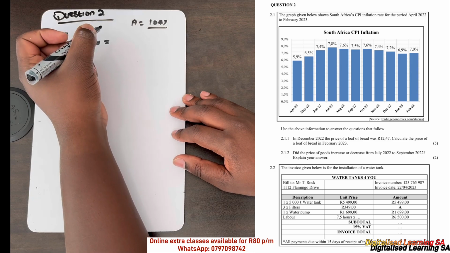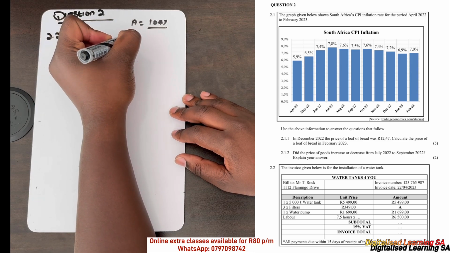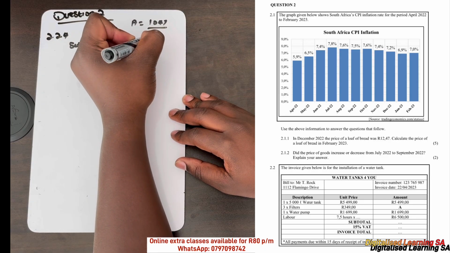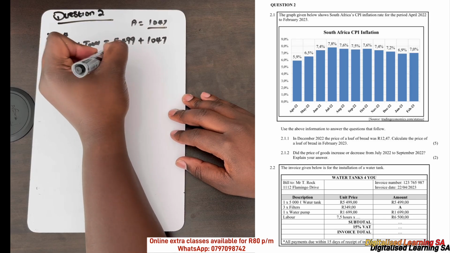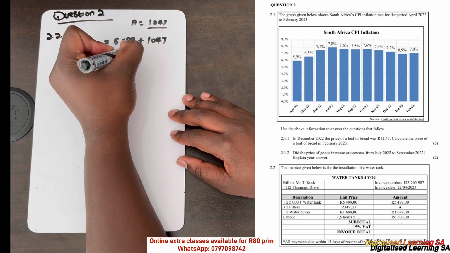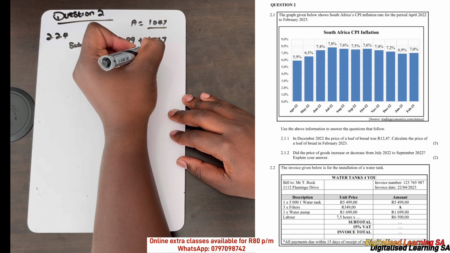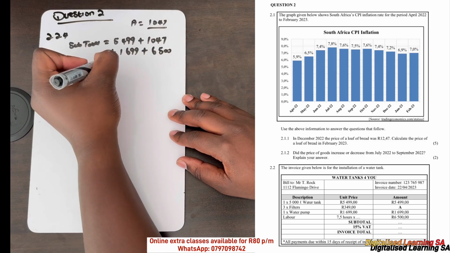Subtotal. So the subtotal will be 5499 plus 1047 plus 1699 plus 6500.